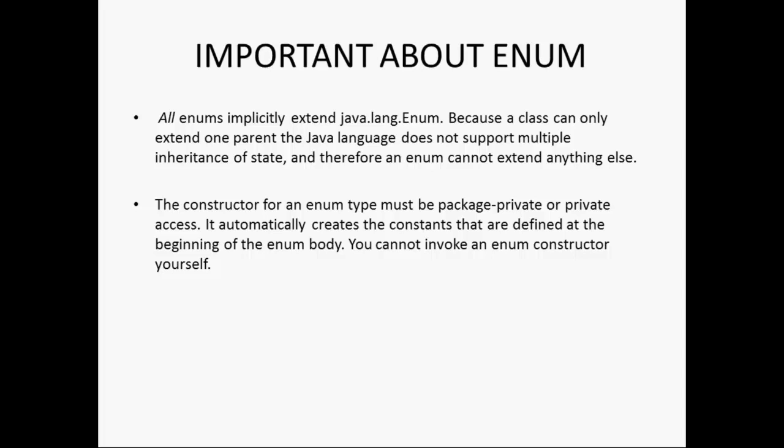So these are some important points of the enum. You can see one example I have declared here. If you are going to declare an enum, suppose it's a Planet, then first of all you need to define all the constants, and then the other data members. So all the constants are declared at the top, and then fields and methods.